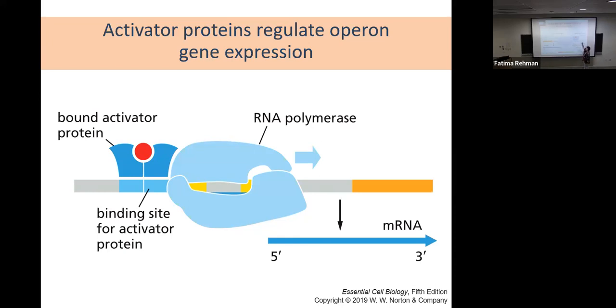Sometimes you have an inducer that's going to activate the activator so it can bind. In this case, we're showing that as this bound activator protein. That activator protein has to bind to this inducer before it can be activated and before it can recruit your RNA polymerase to then create your transcript. So we'll see an example from there next.